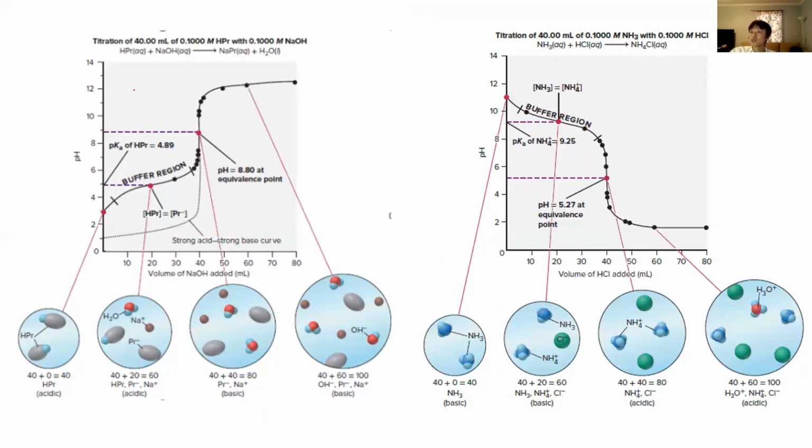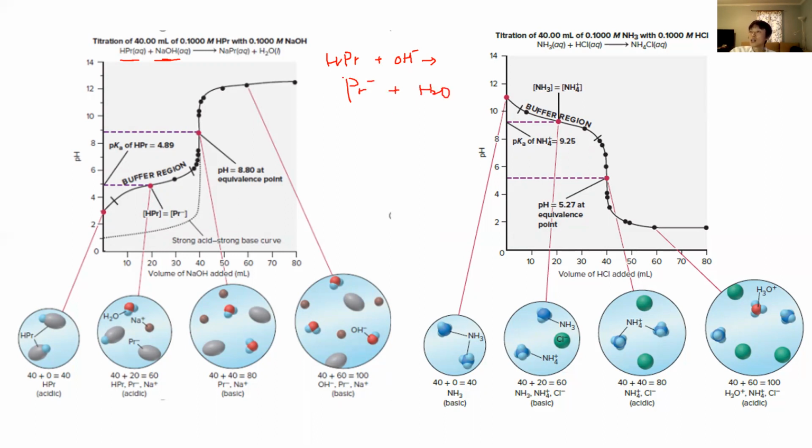For example, when you start with a weak acid and add a strong base, which is hydroxide, this hydroxide completely reacts with the weak acid and generates the conjugate base and water.